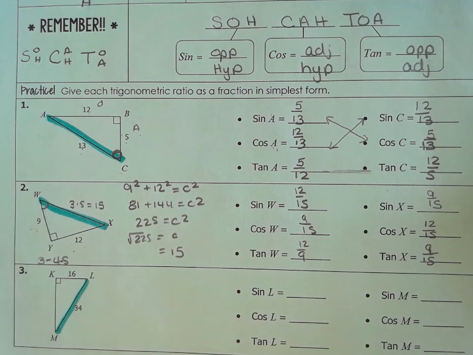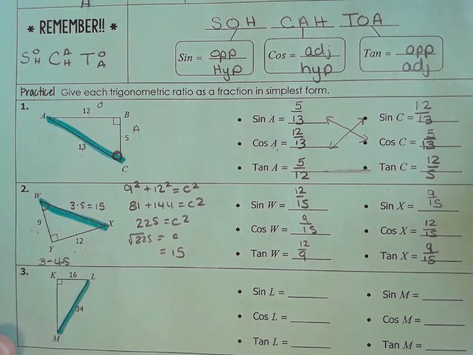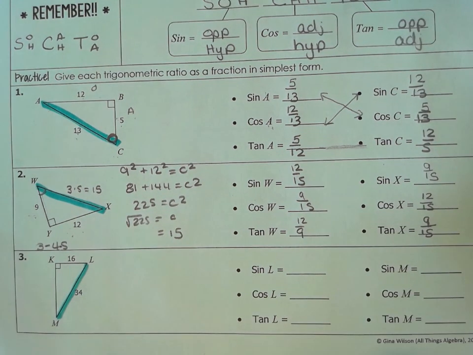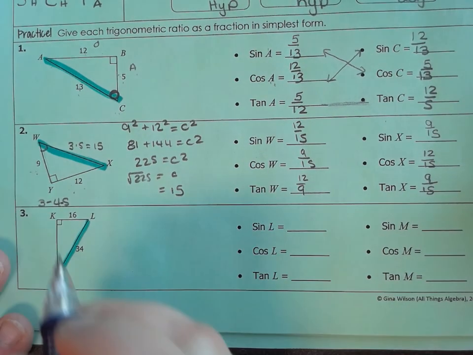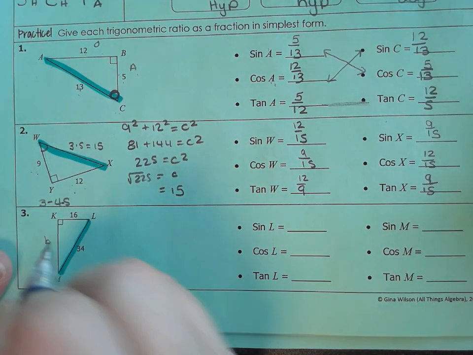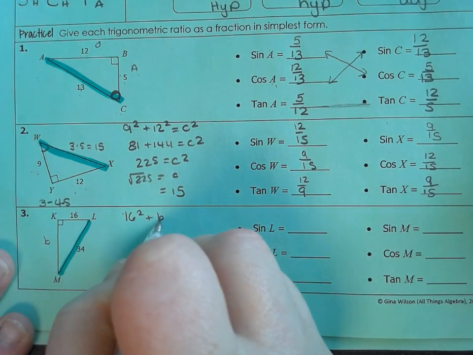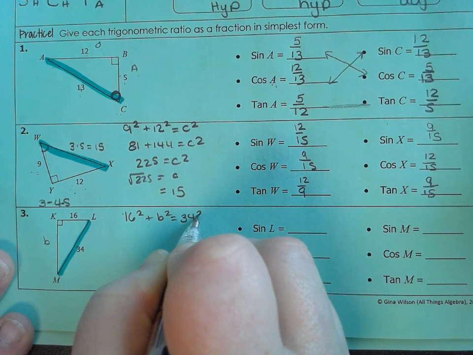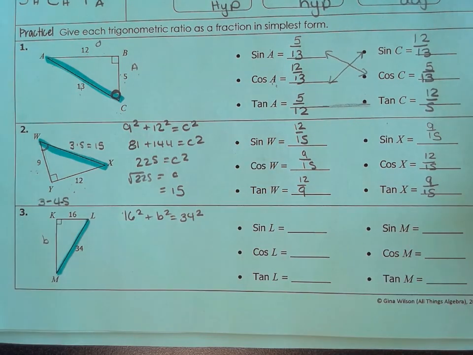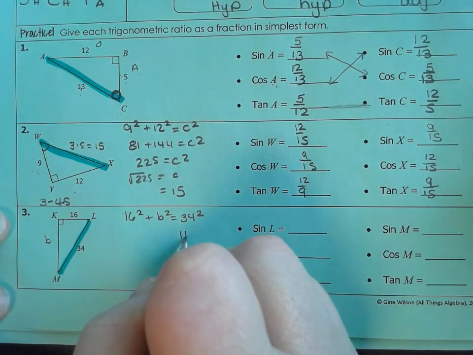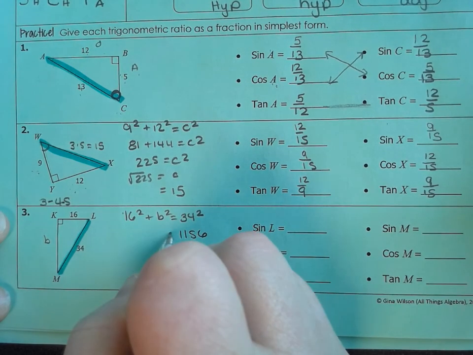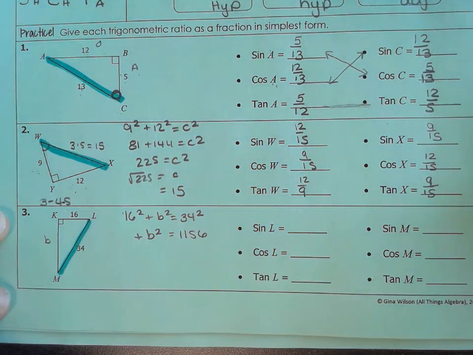Now, again, this is also a Pythagorean triple, but remember, we can solve for this last one by just doing, let's just say that's side B. So 16 squared plus B squared equals 34 squared. And that's 256.